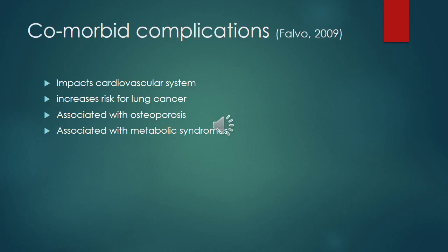But I just want to share that there are a lot of comorbid complications related to patients with COPD. They are more at risk of developing lung cancer. It's also associated with osteoporosis and also metabolic syndromes. So it's a very complicated scenario whenever somebody presents with COPD, because sometimes they will impact and be impacted by other conditions that they're presenting with.